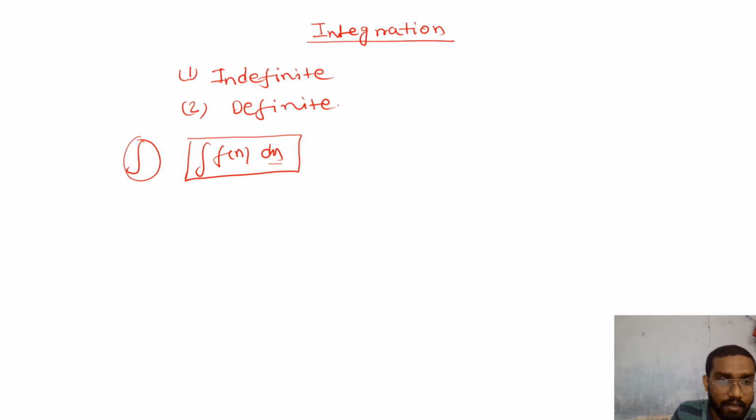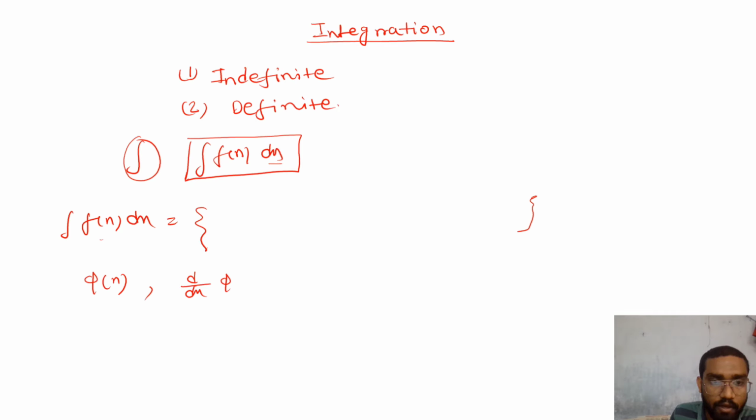So let the integral of f of x dx be equal to, the definition says, the collection of all primitives of f of x. So let us take a function phi of x such that d/dx of phi x equals f of x, that is, phi of x is a primitive or antiderivative of f of x, then phi x belongs to this set.